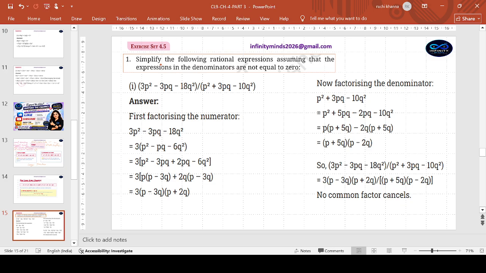Point is, it is saying simplify or solve. How can you simplify? It is through finding factors only, what you have learned in this entire chapter. In order to find factors, you follow various ways: taking common, identity.